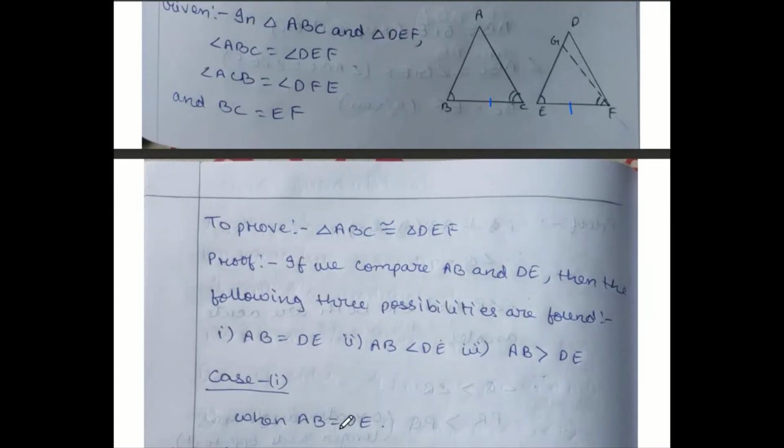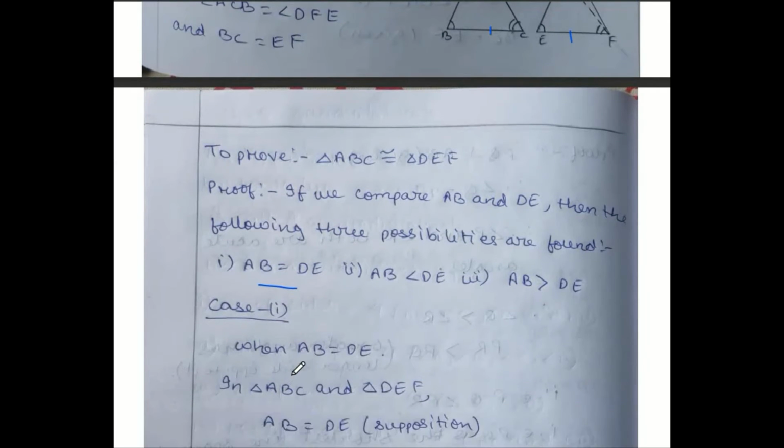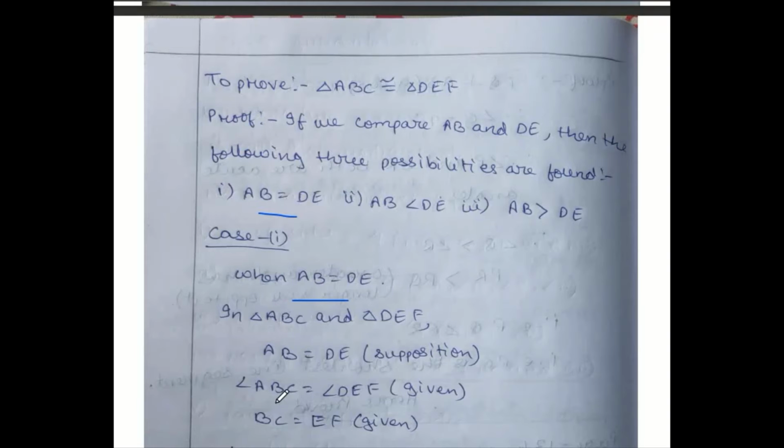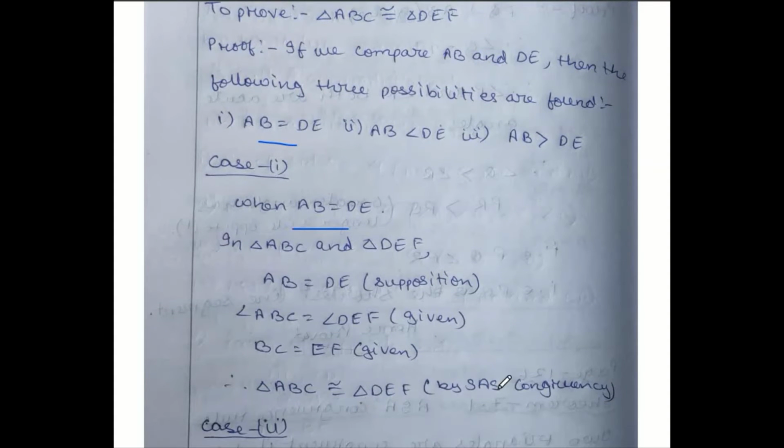Now, first case, let us take AB equal to DE. So when AB and DE are both equal, select both the triangles ABC and DEF. In triangle ABC and DEF, AB equal to DE, this is our supposition. Angle ABC and angle DEF are already given equal, BC and EF are also given equal, then both the triangles are congruent by side angle side congruency.